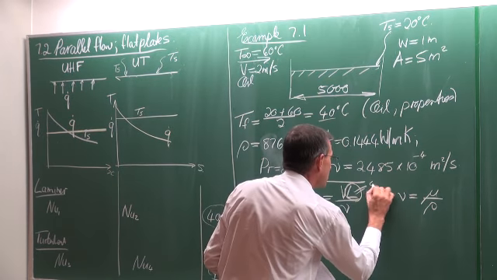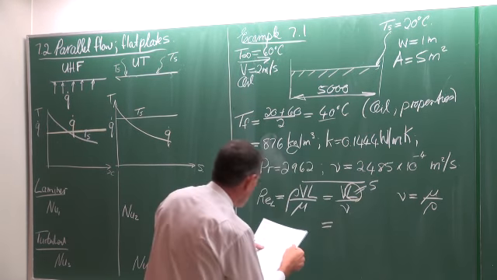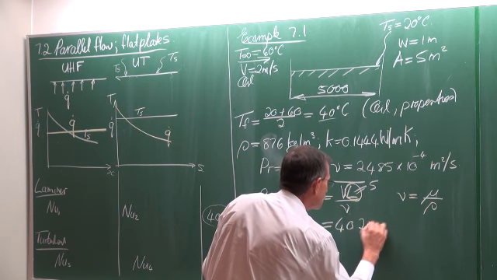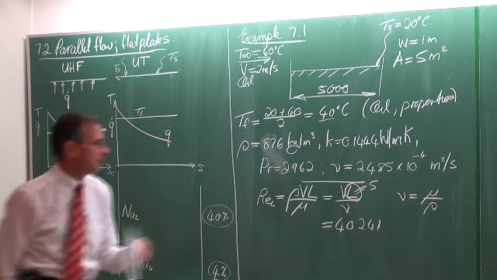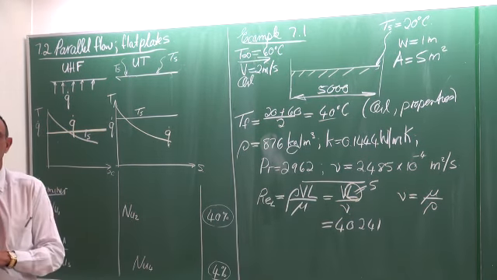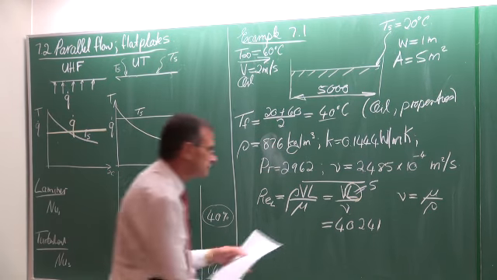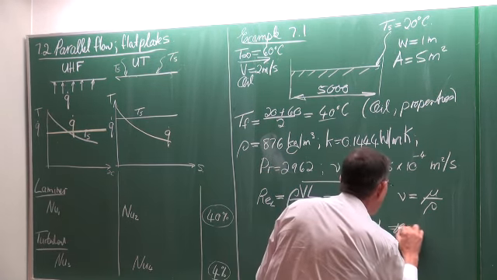So the length we take as 5 meters, and the Reynolds number is equal to 40,241. That is smaller than 500,000, so it means we have laminar flow.